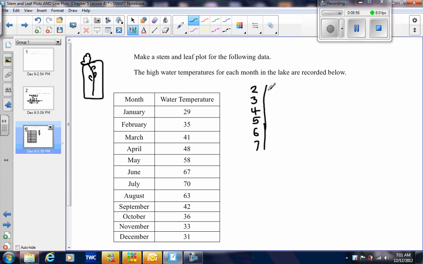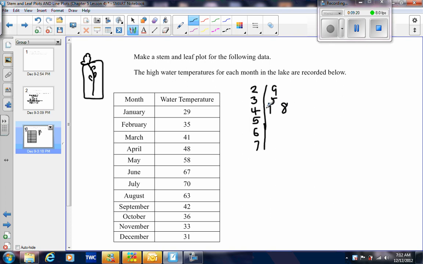All right, so 29, 35. So this 5 right here, since it's in the 30s area, is a 35. 41. And then I have a 48, and I'm just going to put that 8 right next to there. So this 1 stands for 41.